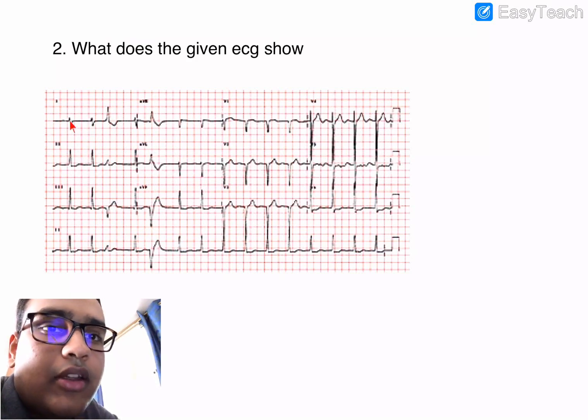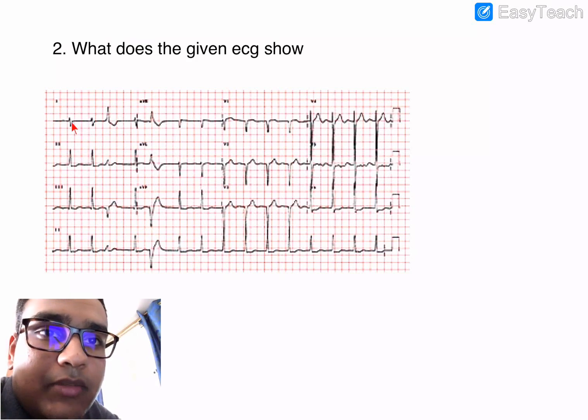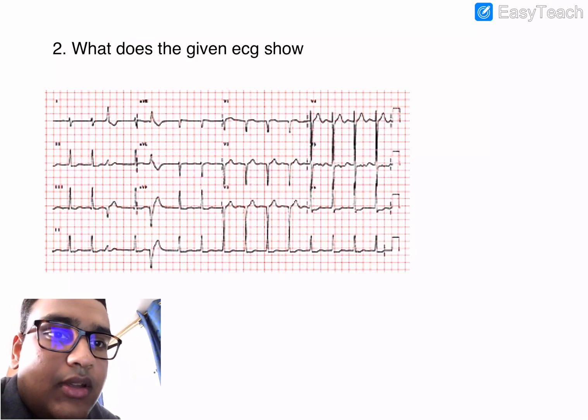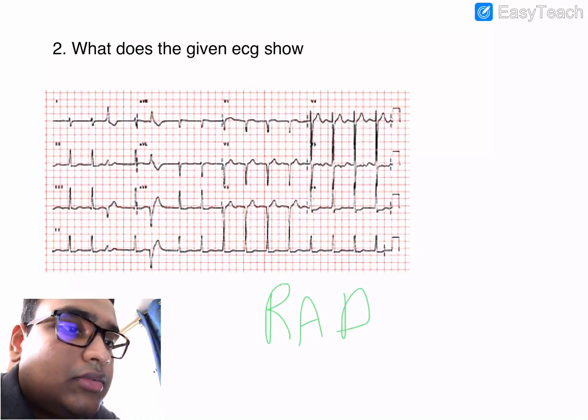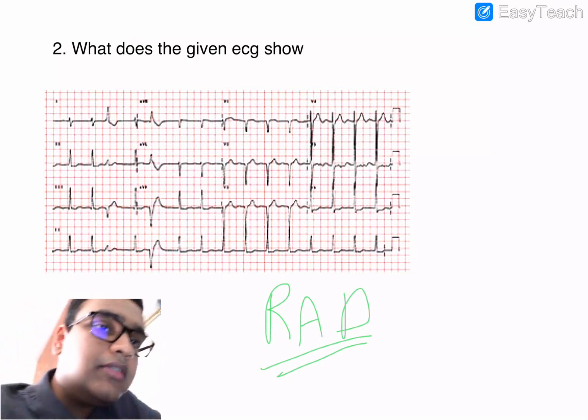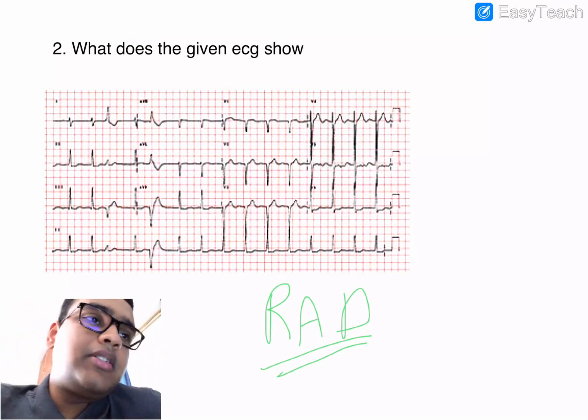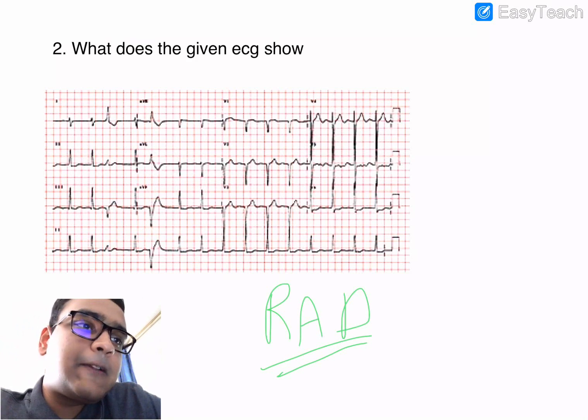Look at the other regular waves. There's a predominant negative deflection in lead 1. Lead 1 is negative, lead 2 is positive, AVF is positive. Negative, positive, positive indicates a right axis deviation. Right axis deviation.